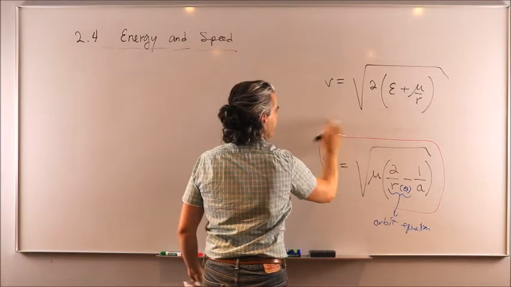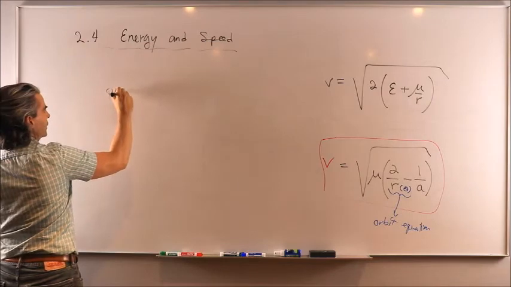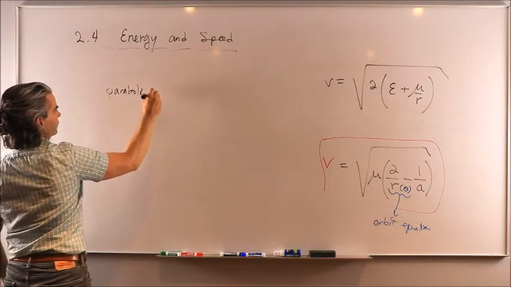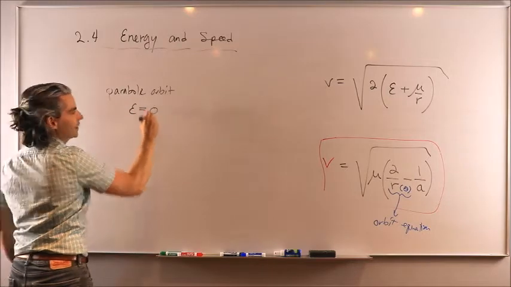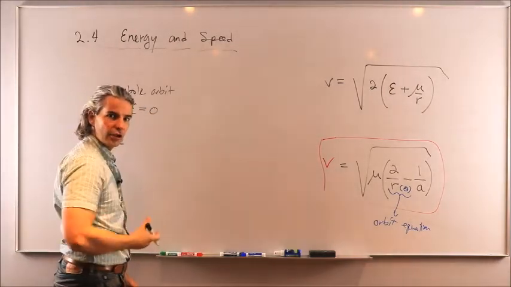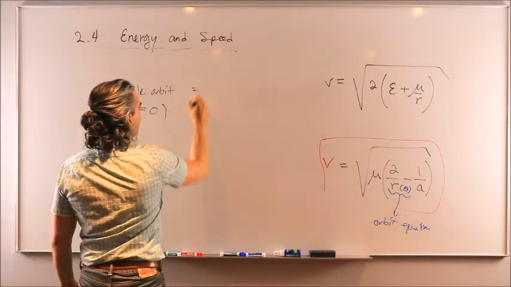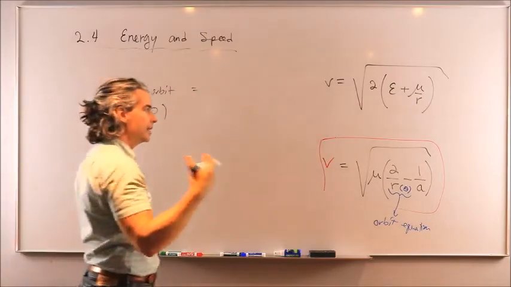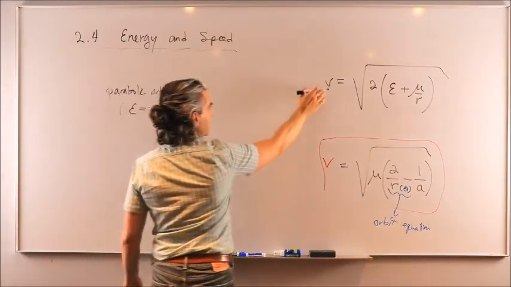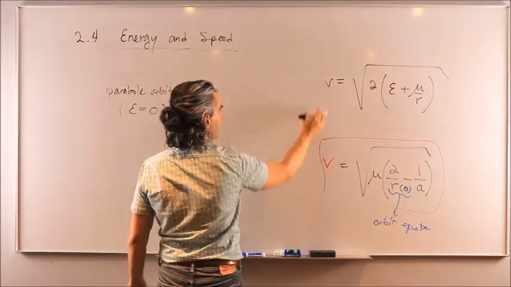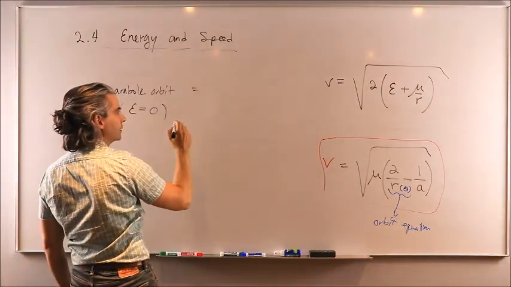Okay? So if we know that for a parabolic orbit, we had orbital energy exactly equal to 0 from our previous discussion on energy, it means that if you want to determine the speed at r equal infinity, you can use that relationship, but let's use that one because we know how to relate it to orbital energy very easily.